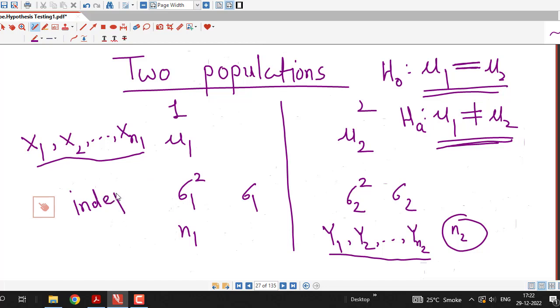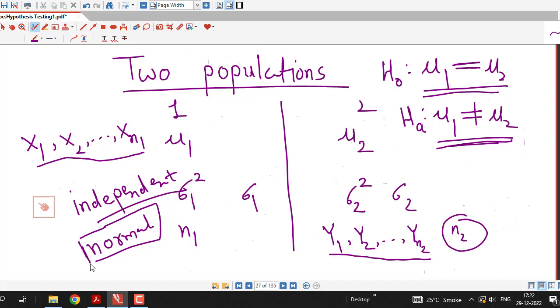We must be clear that there is no relationship between the samples which we are drawing from the two populations. They are independent of each other. And third assumption is that both the populations follow normal distribution. So we are considering the underlying populations as normal populations.